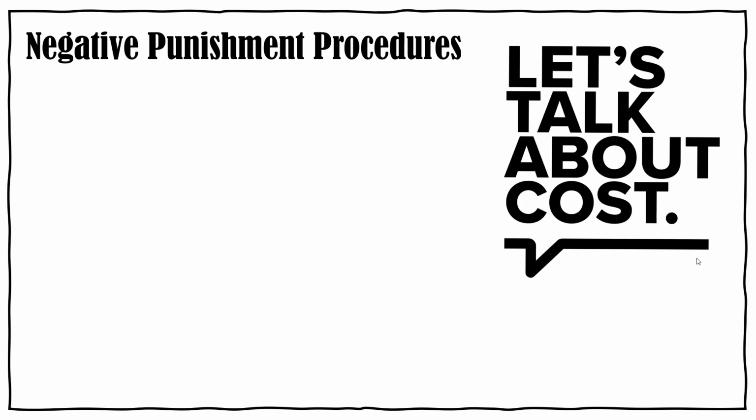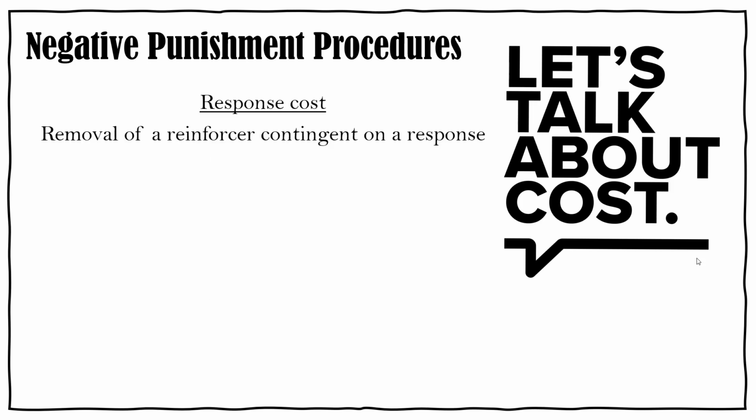Okay, a second negative punishment procedure is what we call a response cost. This is when you remove a reinforcer contingent on a response. So basically the behavior costs something. We have response costs all the time in the natural world. I don't know if you guys have ever gotten a ticket. If you got a ticket, that's an example of a response cost.